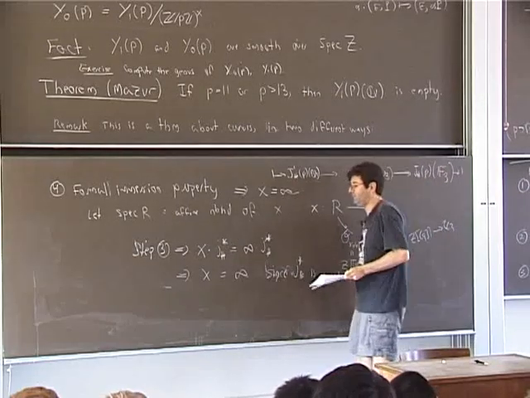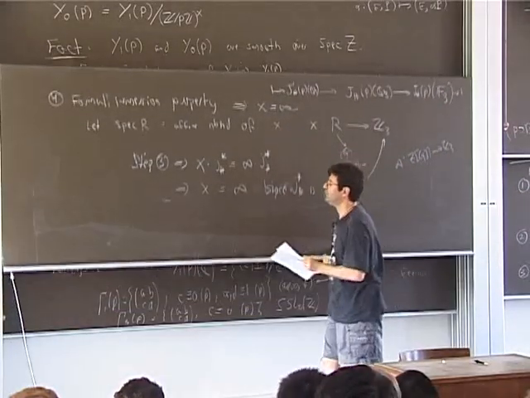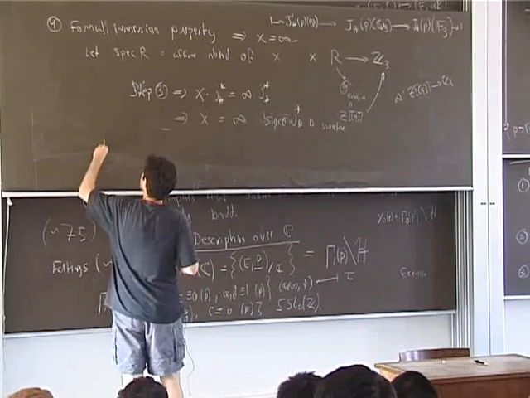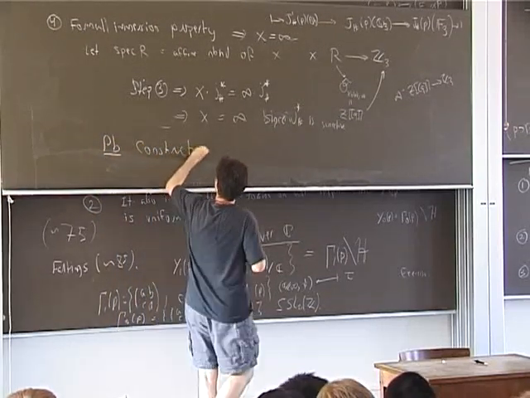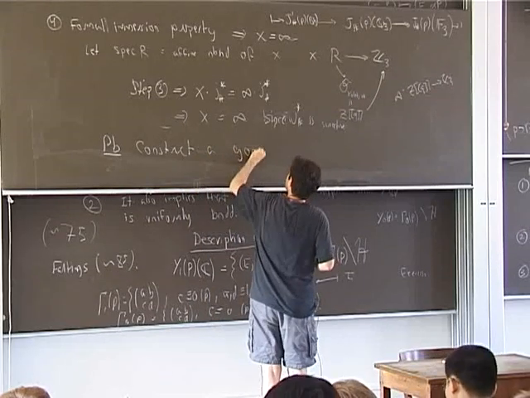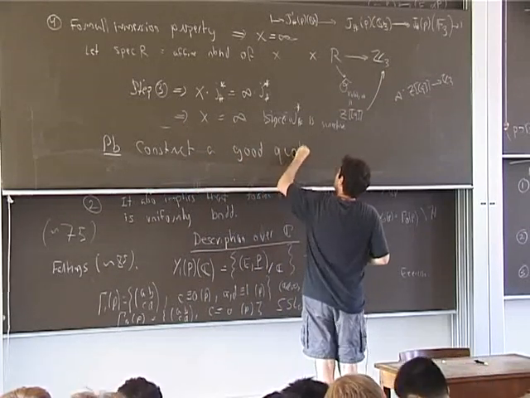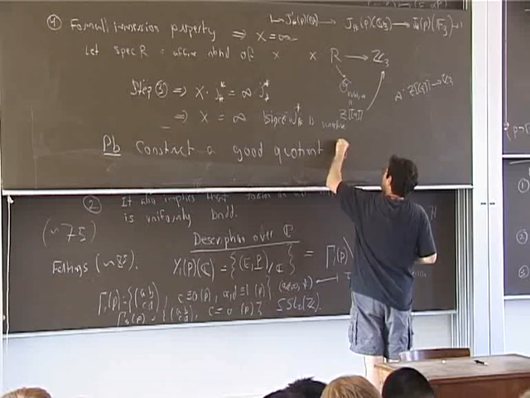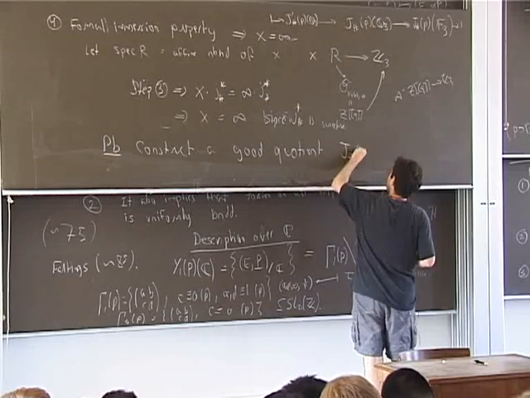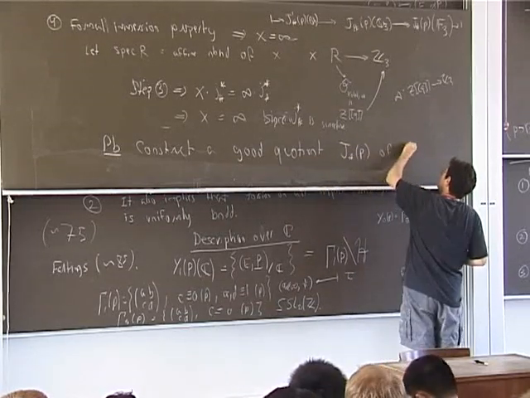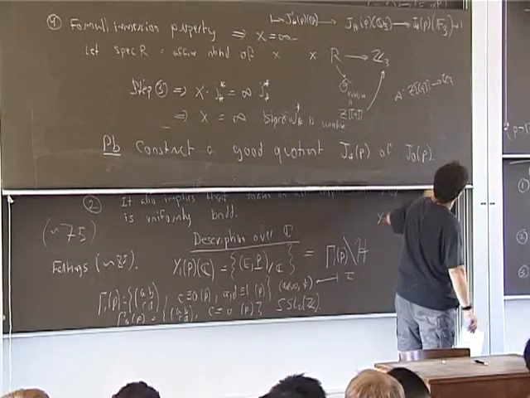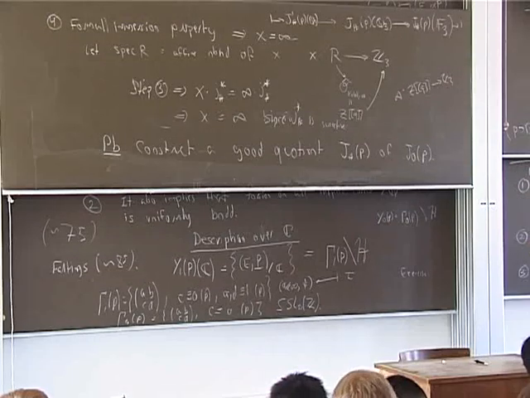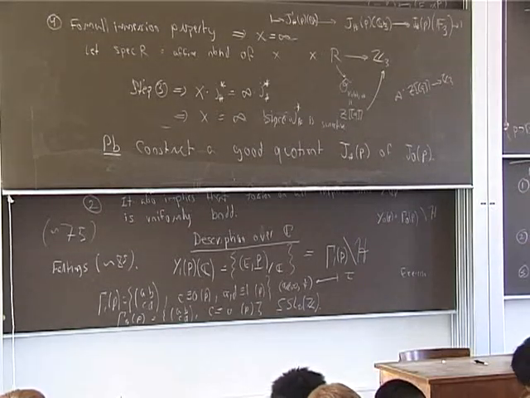And the problem now is to construct a good quotient. So the problem is to now construct a good quotient J sharp of p of the abelian variety J_0(p), satisfying these two conditions, that the Mordell-Weil group is finite and the map is a formal immersion.